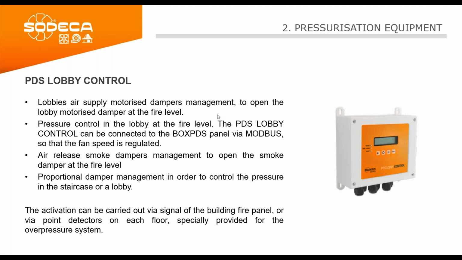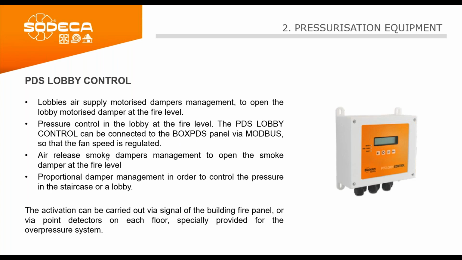If we choose to pressurize only the lobby at the fire level, we need motorized dampers at every lobby, and only the motorized damper at the fire level should open, while the other dampers remain closed. It also has a pressure differential sensor built in, so it gives the pressure differential information to the Box PDS control panel in order to control the pressure in the lobby.